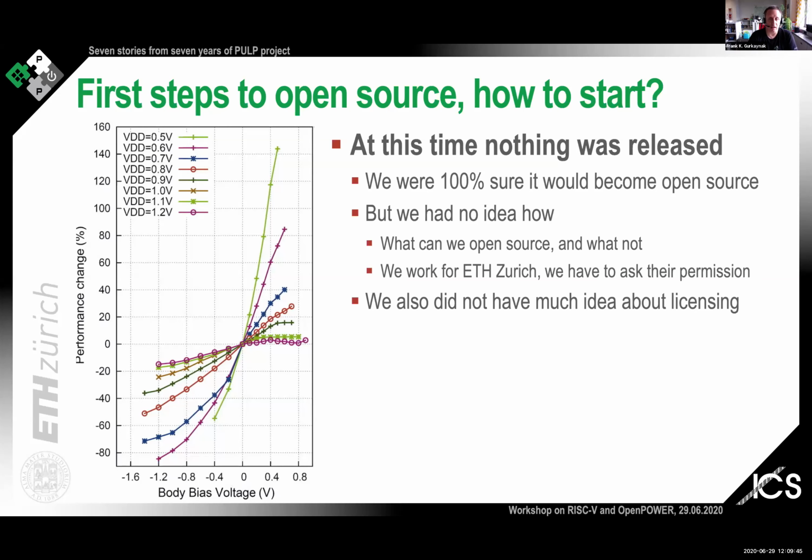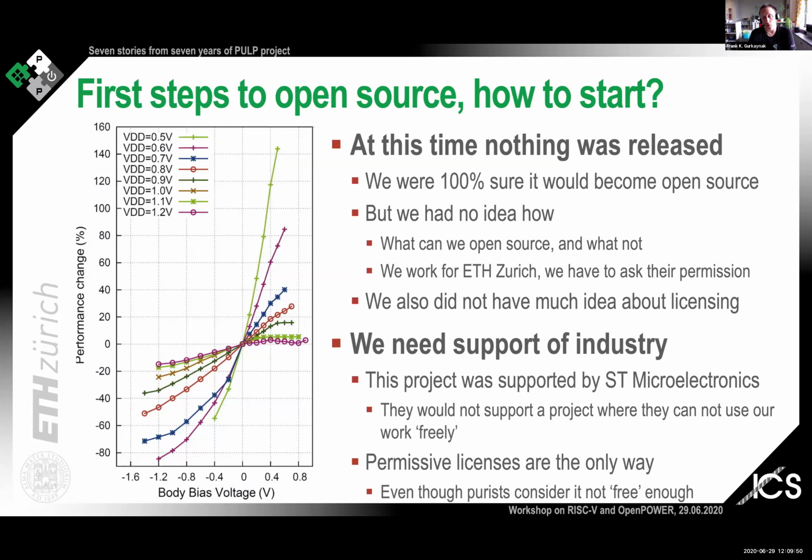Then when you want to release something, you say, okay, what kind of licensing shall I use? We didn't know that, but we realized very quickly that we need the support of industry. This project was supported, meaning that the manufacturing was, for example, done for free by ST Microelectronics for this chip. And it is natural to understand that they wouldn't want to support some work if they were not allowed to use it, or if using our work gave additional restrictions to them.